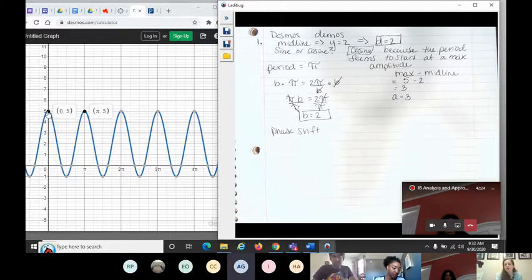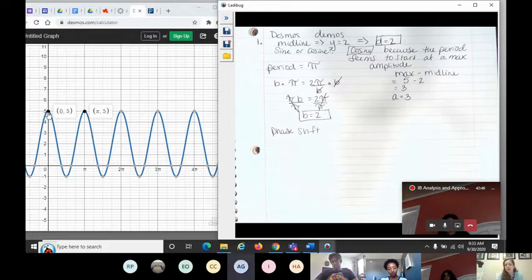So we could have shifted to the right one full period. Like pretend maybe this was the original first spot, we could say plus pi there. You're right. We could do plus any multiple of pi to get a phase shift, but we want to try to do the least amount possible. So if it already starts at a maximum, we're going to pretend like the phase shift doesn't happen, okay?